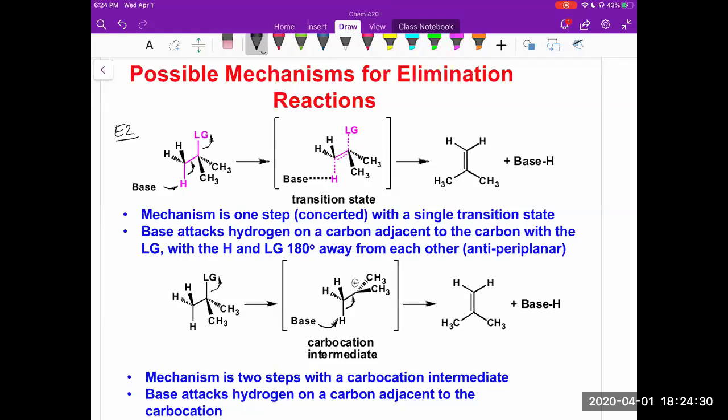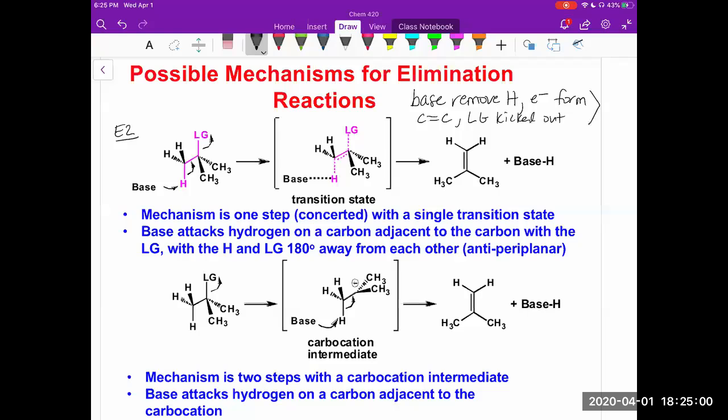So in an E2 mechanism, you have everything occurring in one step, very similar to SN2. We are going to have the base remove the hydrogen, and then the electrons form the double bond, and the leaving group gets kicked out.